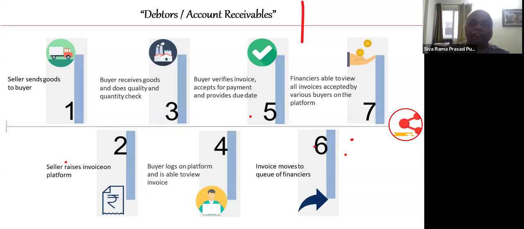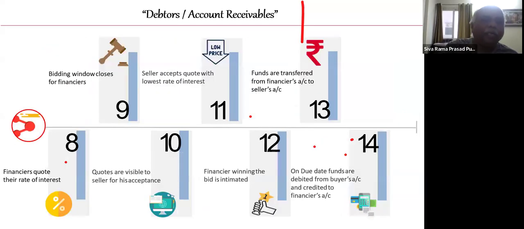Banks are ready to purchase that bill. Whoever quotes the lower rate of interest is the winner. Financiers are able to view the invoices accepted by buyers on the platform, and they quote the rate of interest at which they will purchase.